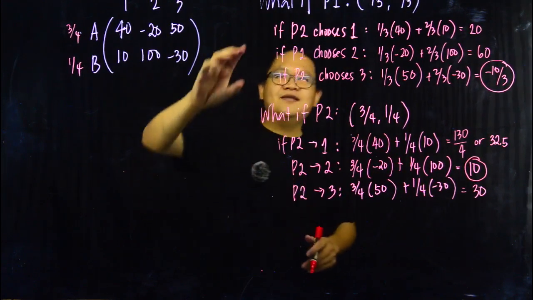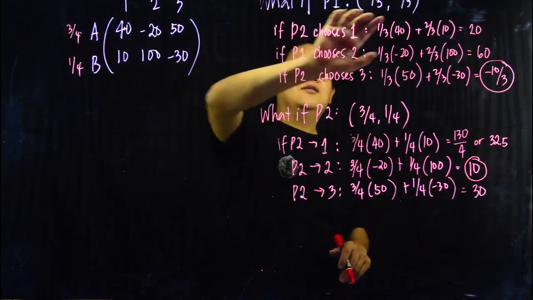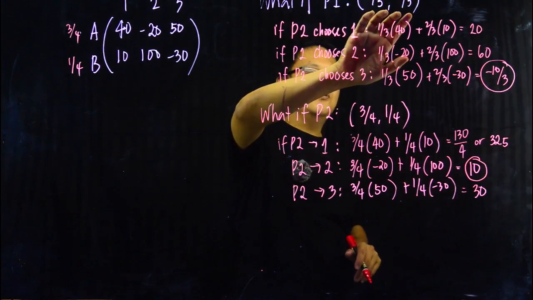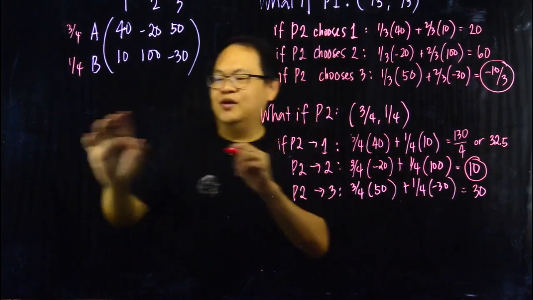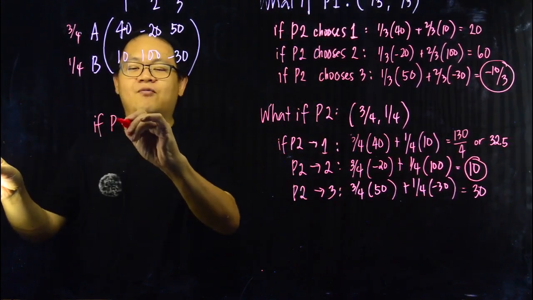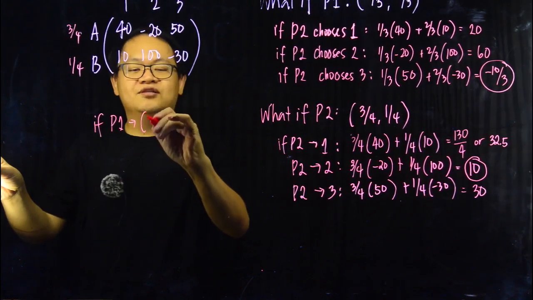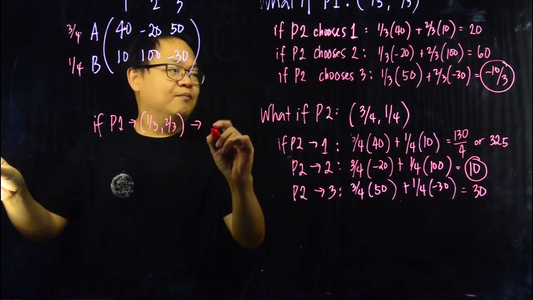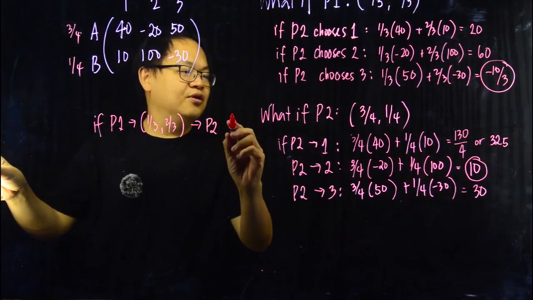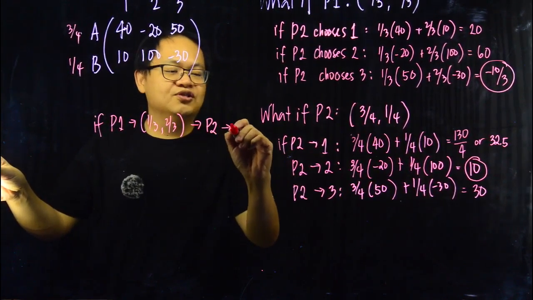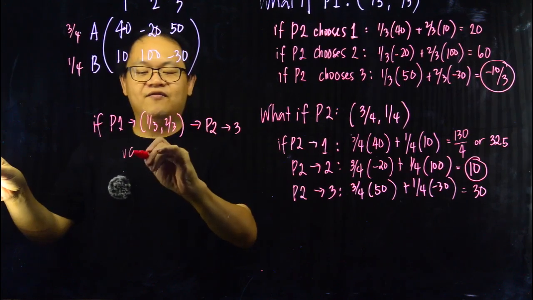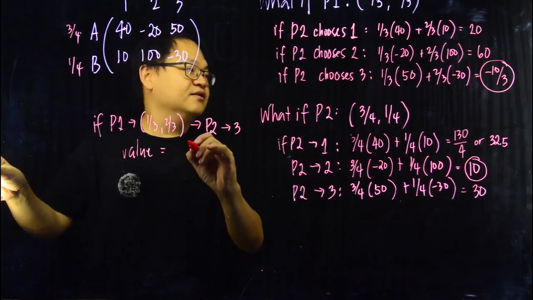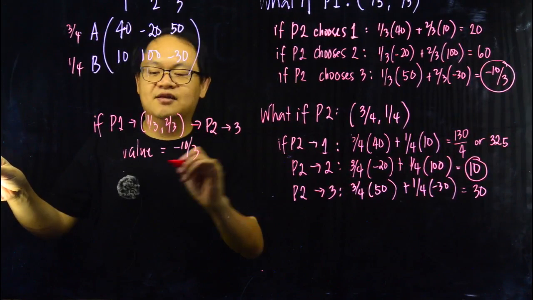So to summarize, if player 1 uses 1/3 and 2/3, then player 2 will always choose 3, and the value of the game equals -10/3.